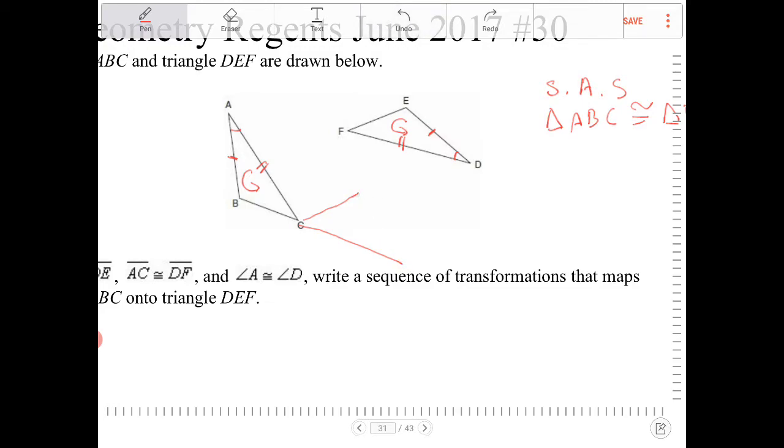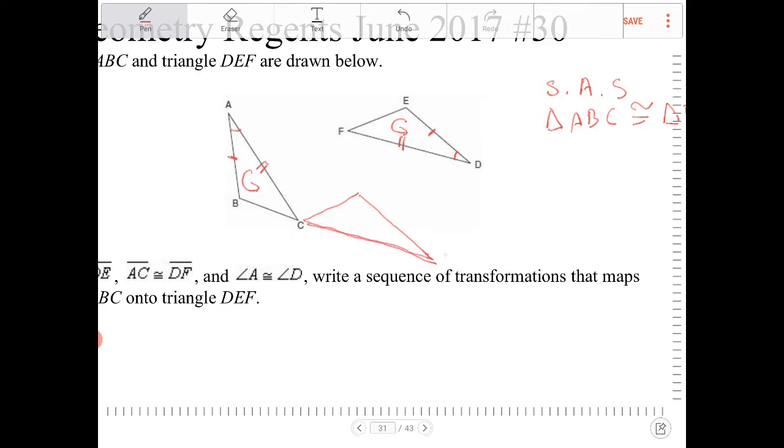I am having not the best of times doing that, but I think you get the idea. If you don't, you can certainly come ask me during office hours. So if I connect this, there you go. Okay, that looks relatively parallel.